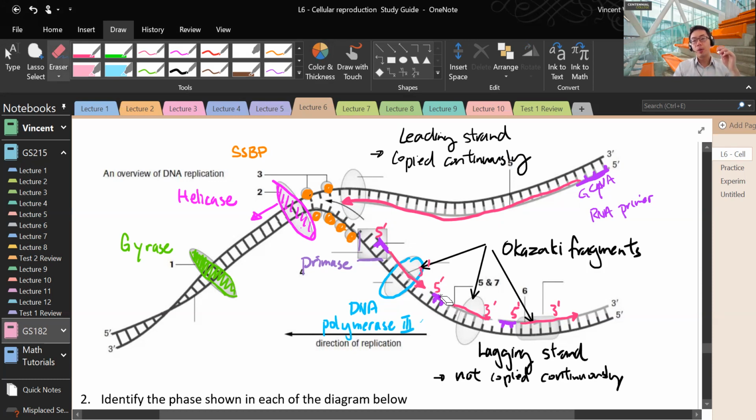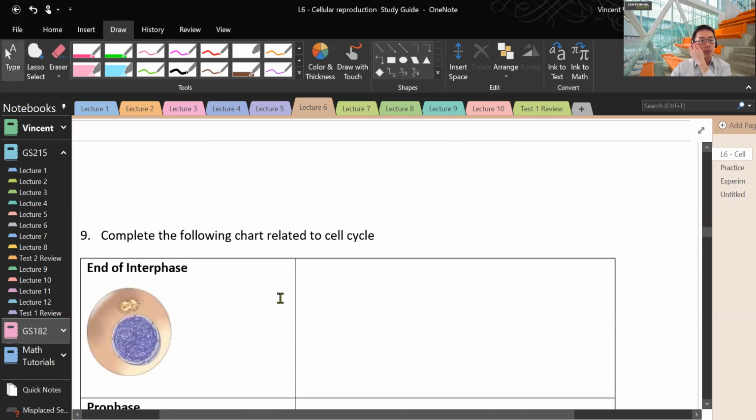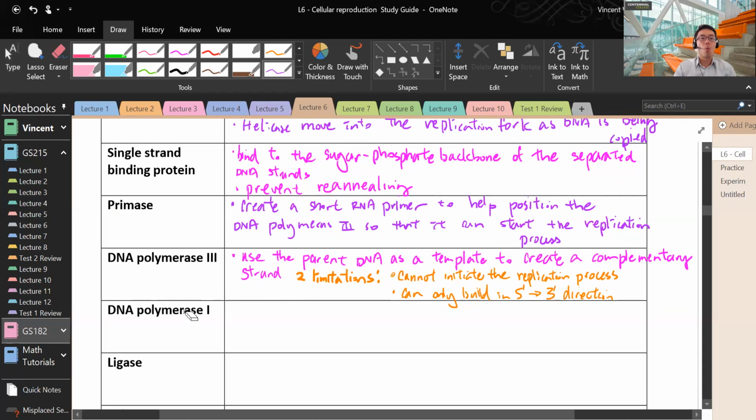So we need to replace these RNA primers. We cannot have uracil in our DNA. So as the DNA polymerase 3 approaches an RNA primer, DNA polymerase 3 will fall off. After it falls off, another polymerase will come on, and it will take off all these RNA primers, all this purple stuff, and replace it with actual DNA nucleotides. That enzyme is not shown here, but if you saw the recordings, you would know I'm talking about DNA polymerase 1.